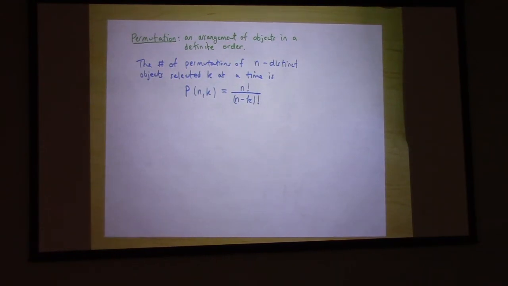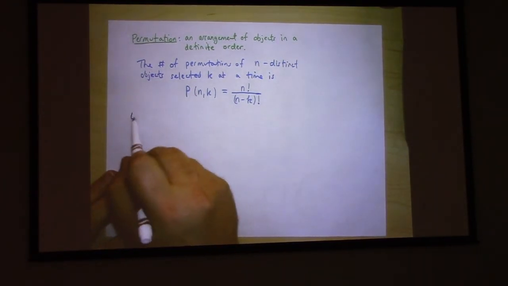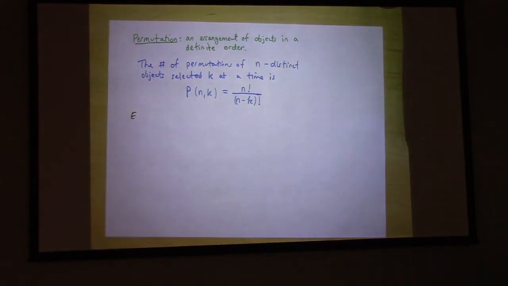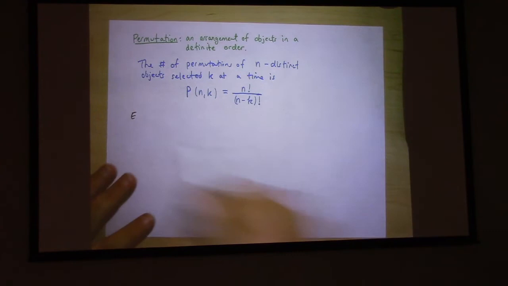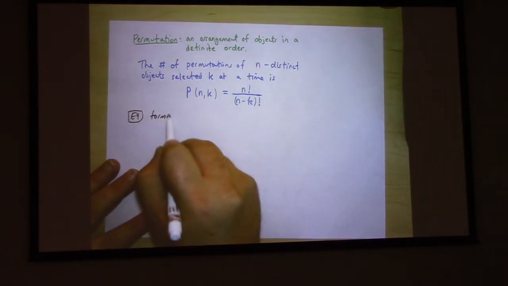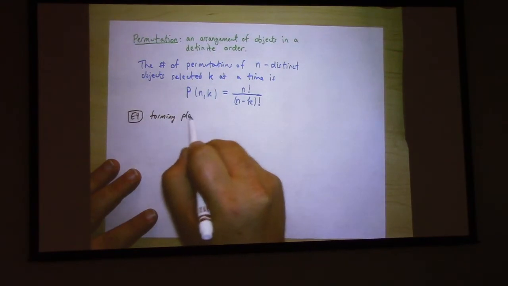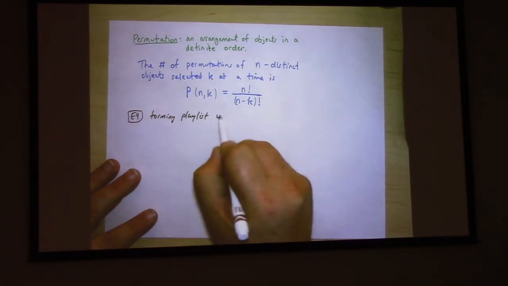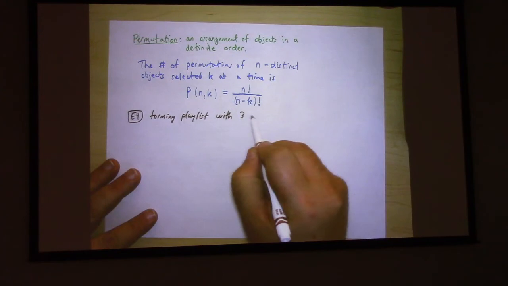Let's see here. So the example that your book gives, which is kind of silly, is, let's see, what example am I on here? 4. Forming a playlist with 3 songs.